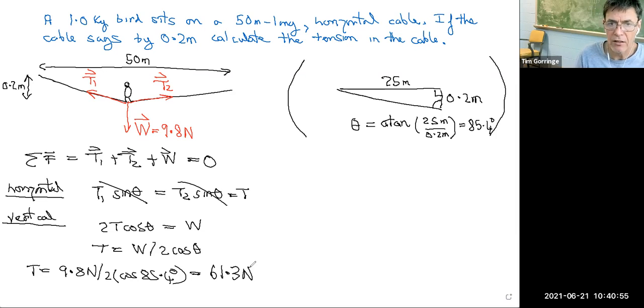So it's a nice example. This problem is a nice example of analyzing forces, sketching forces, breaking those forces down into horizontal and vertical components, applying equilibrium of forces to understand the sizes of the various forces.